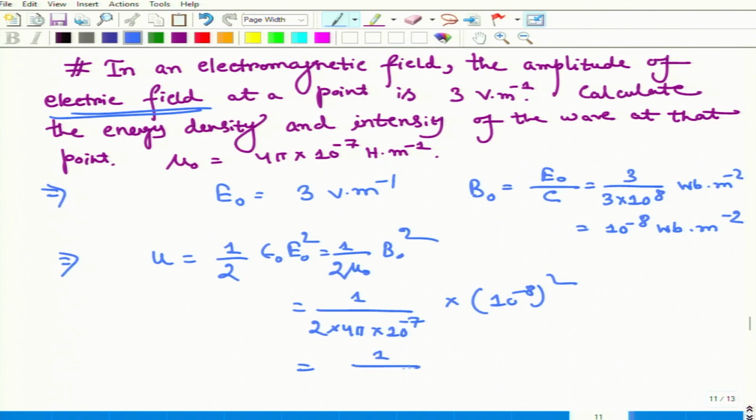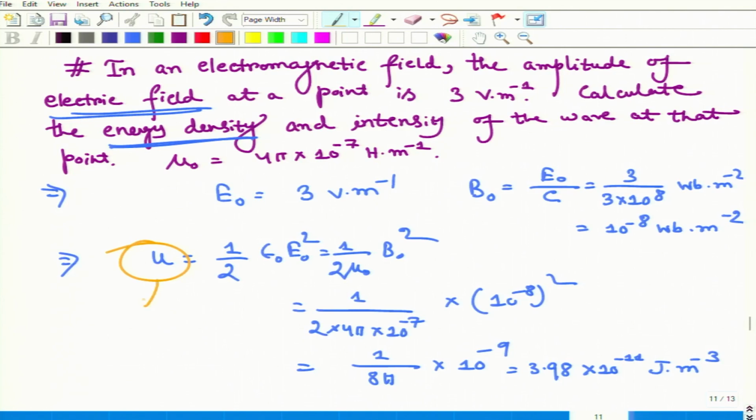Essentially it will be 1 by 8 pi into 10 to the power 16 minus 7, that is minus 9, if I am not wrong. So it is actually 3.98 into 10 to the power minus 11 joule per meter cube. So this is U, the energy density, which is already evaluated. But we need the intensity too.